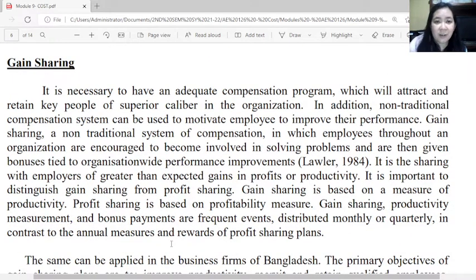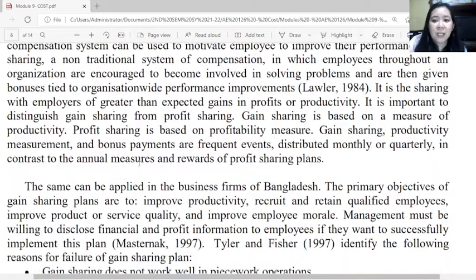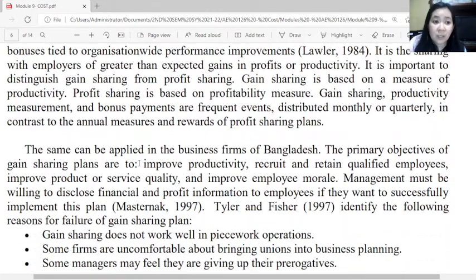Another is gain sharing. It is necessary to have an adequate compensation program which will attract and retain key employees of superior caliber in the organization. This is the same as profit sharing and stock ownership. In addition, a non-traditional compensation system can be used to motivate the employee. It is the sharing with employees of greater than expected gains in profit or productivity.